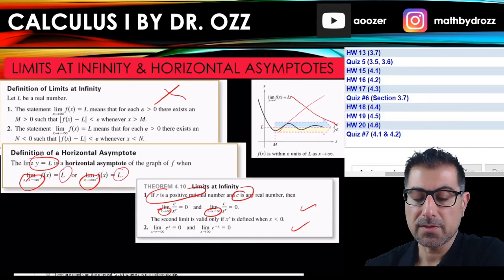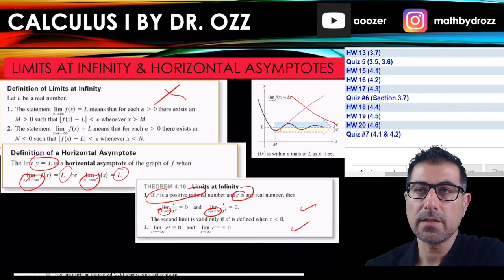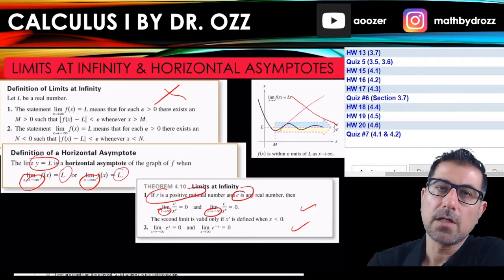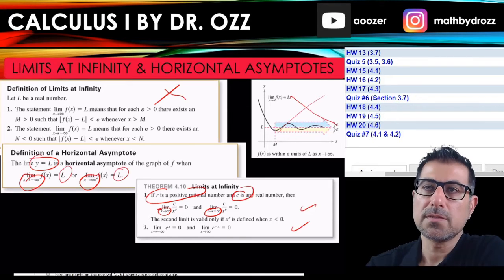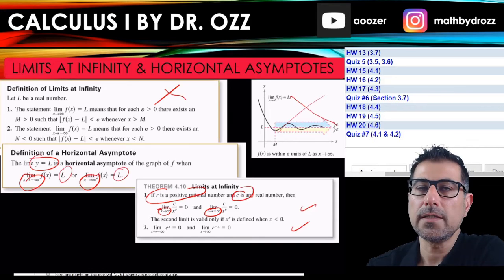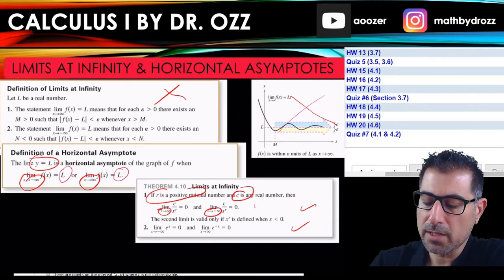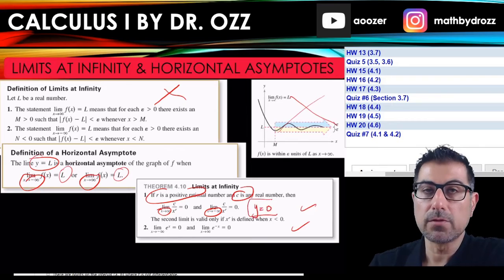That means the bottom gets extremely large because you're taking the positive power of x. Essentially, the top is constant, the bottom is growing without bound, so you are going to end up at 0. So in those cases, y equals 0 would be a horizontal asymptote.